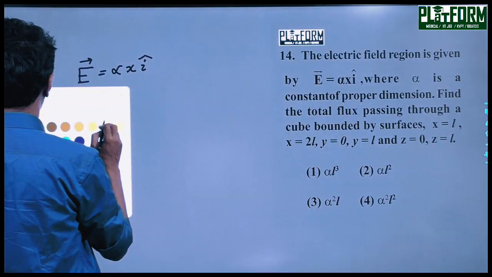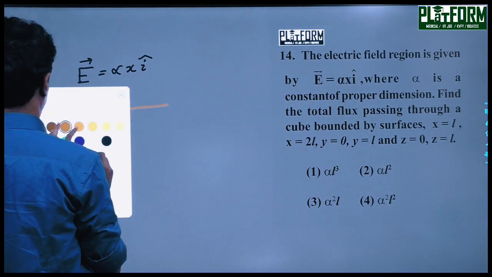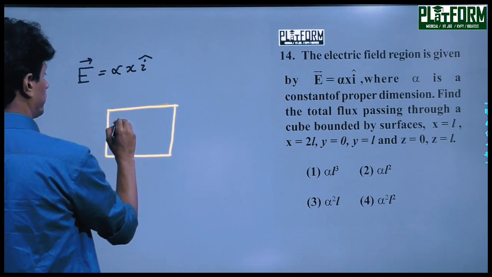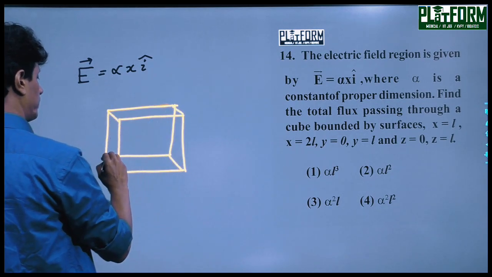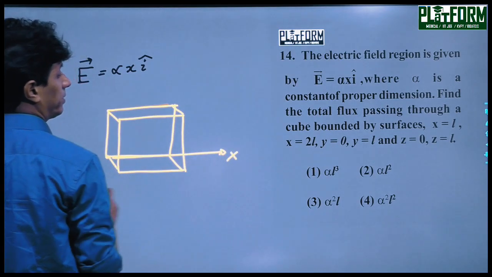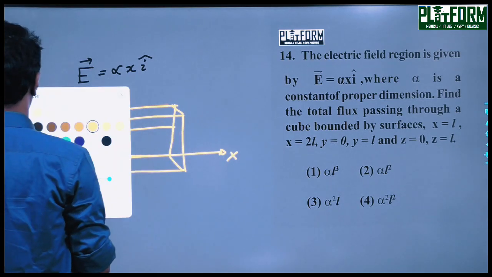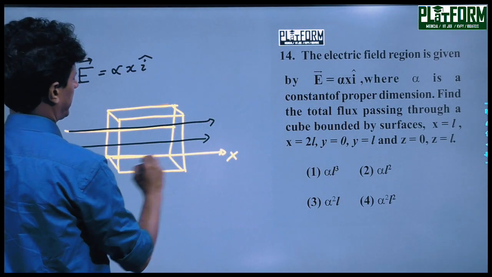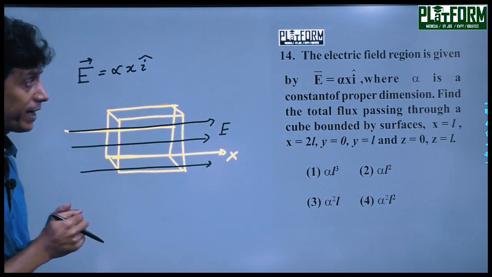If we place a cube here, and you know this is along x direction, the electric field is a variable electric field. The magnitude of the electric field changes along the x-axis, directly proportional to x.